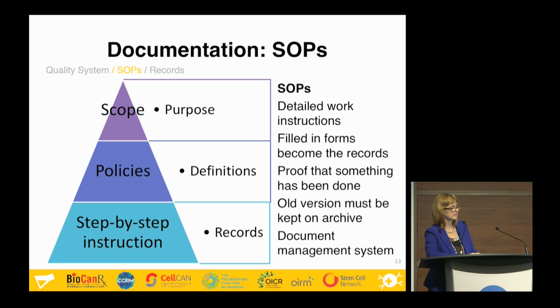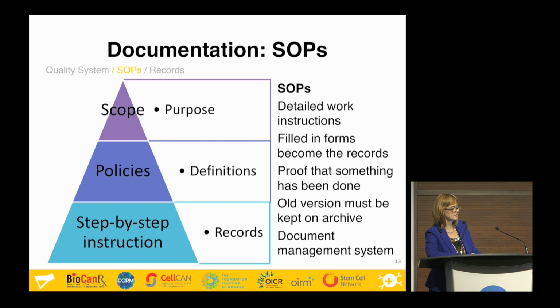Usually in our case, the SOPs come with forms that will be filled in every time you perform your manufacturing step. And once these forms have been filled in, dated and signed, they become records and they are kept as proof.